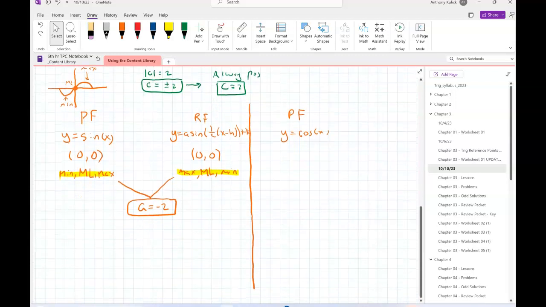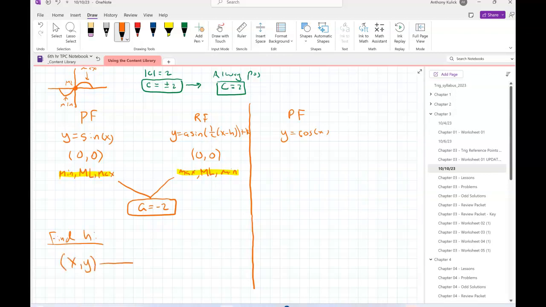All right. So to find H, what I'm going to do is use this idea from graphing that I can take a point from the parent function and transform it to a point in the resultant function by doing cx plus h, ay plus k.